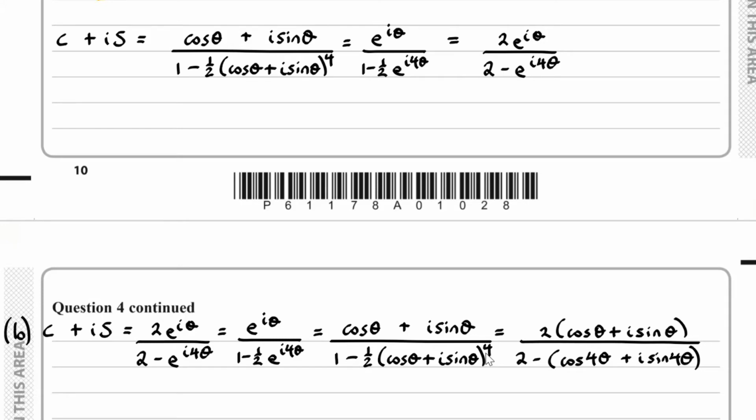And if we multiply the top and bottom by 2, and then if we use de Moivre's theorem for (cos theta plus i sine theta) to the power of 4, this bit is the same as cos of 4 theta plus i sine of 4 theta. Hopefully that makes sense so far.